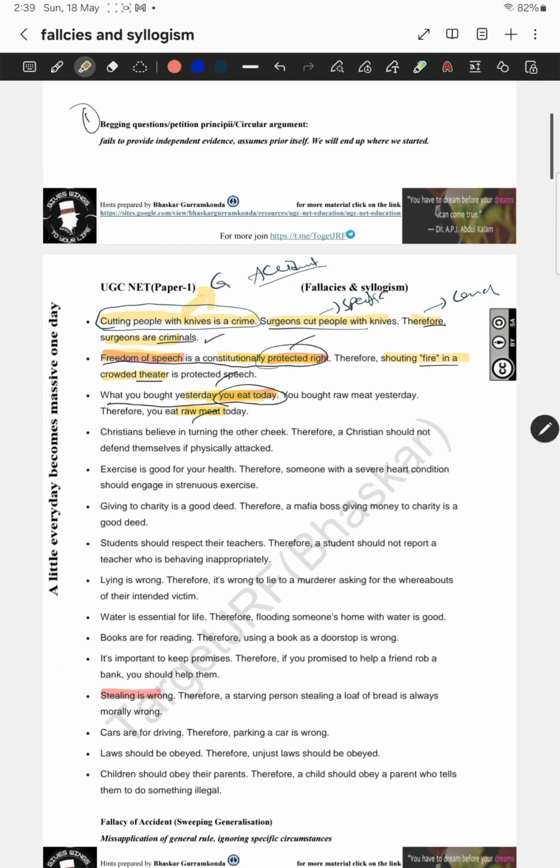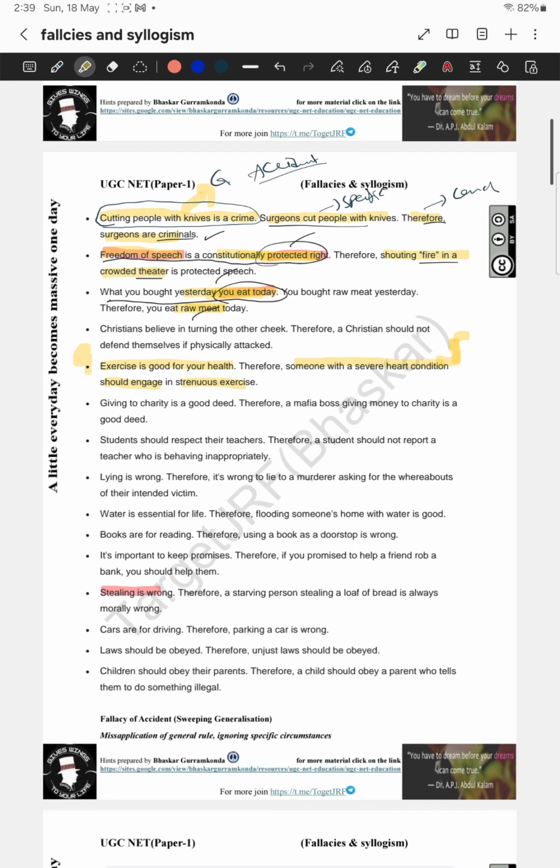Similarly, here also, exercise is good for health, therefore someone with a severe heart condition should engage in strenuous exercises. This is a general thing applied to a specific thing, whether it holds or not doesn't matter. Are you getting the difference between begging the question and fallacy of accident? That is sweeping generalization.